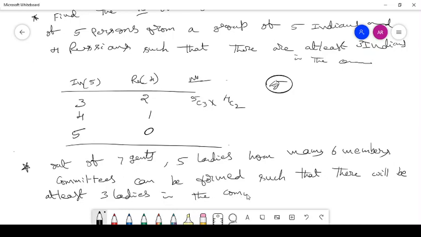Here the condition is at least 3 ladies in the committee.